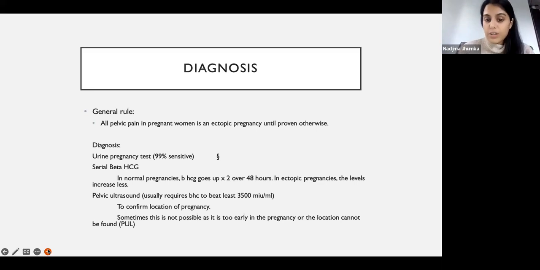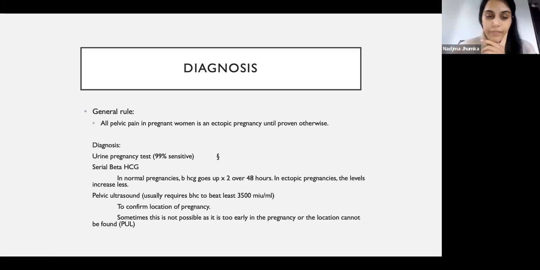So if you can't visualize it on the scan, you take their bloods today for the beta-HCG, you take it again in another 48 hours and you compare. We usually say that the beta-HCG should be at least 3,500 before it's big enough that you can visualize it on an ultrasound scan.